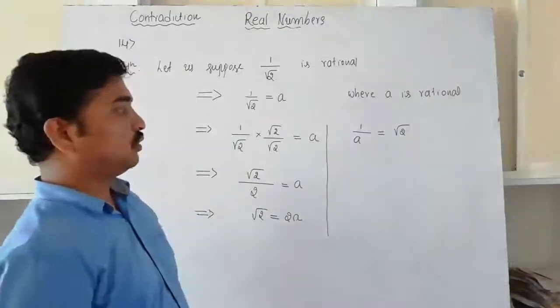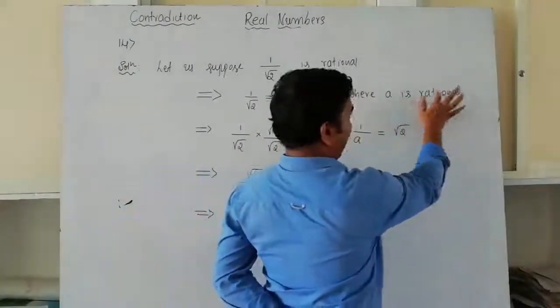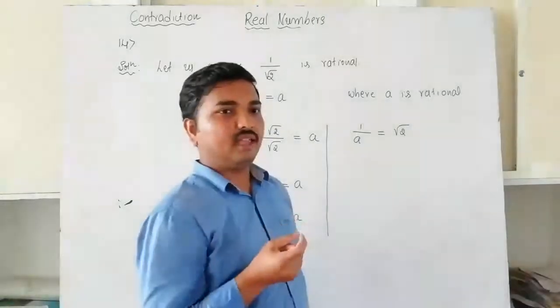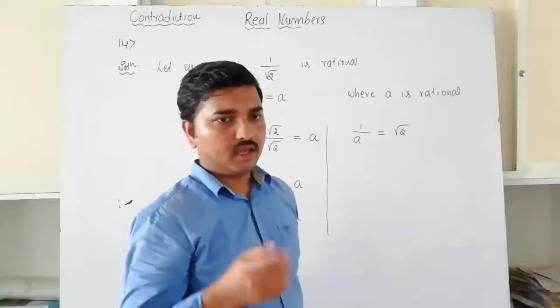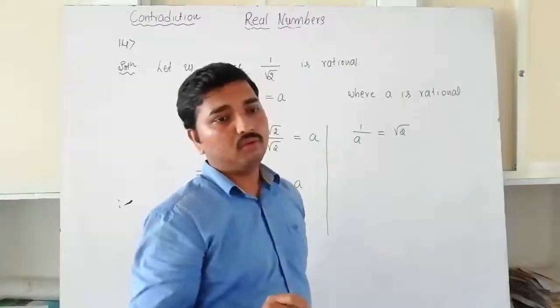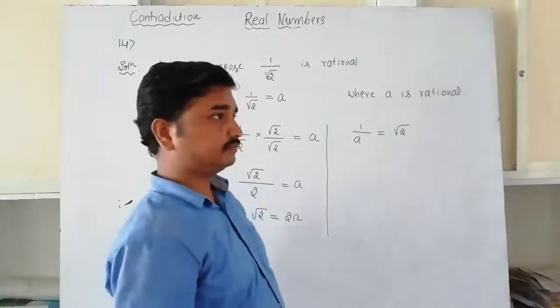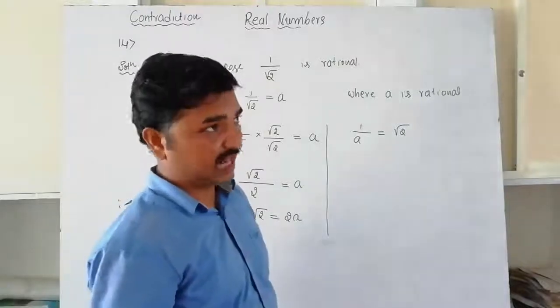So this is because, remember here, a is actually a rational number. Rational means a can take any rational number. And also you know that 0 is what type of number, whether it is rational or irrational? 0 is a rational number.